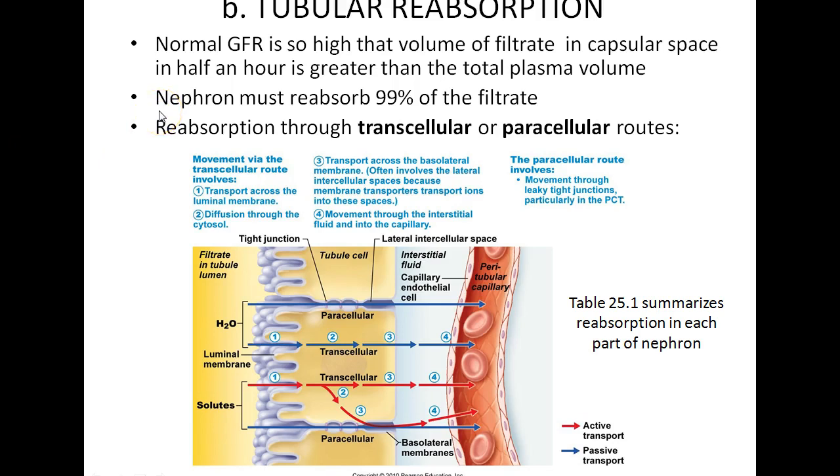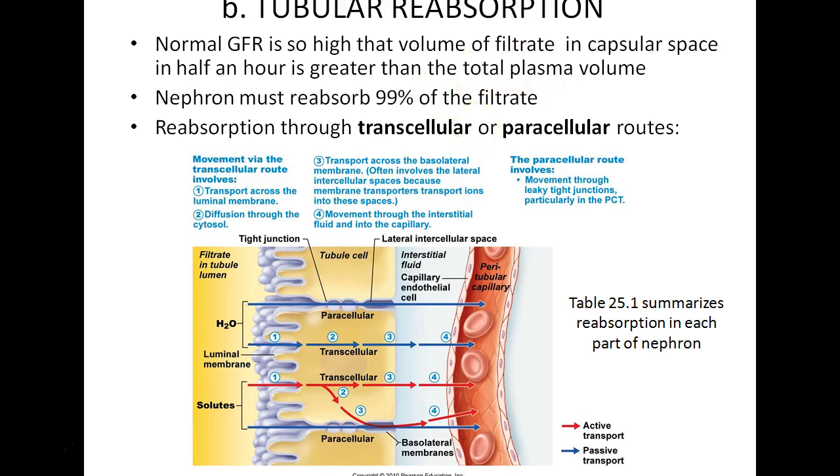So you might recall from the last section that normal GFR at resting rate is actually quite high. The volume is so high that in a half hour, we are able to filter the total blood plasma. So that's how we get that phenomenal statistic of filtering 60 times a day.